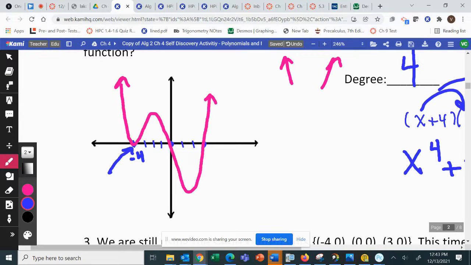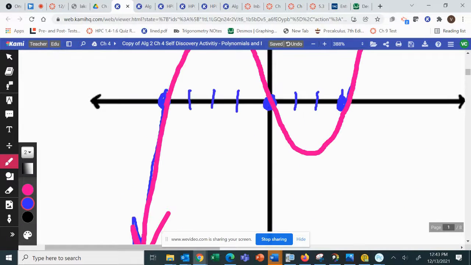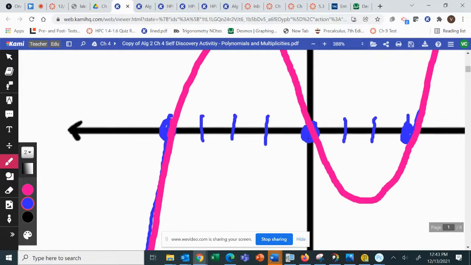How could you describe what's happening there in your own words? It's different than what happened on the first one at -4. Instead of went down, it went up.